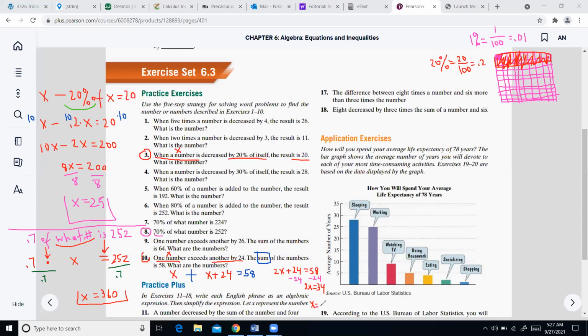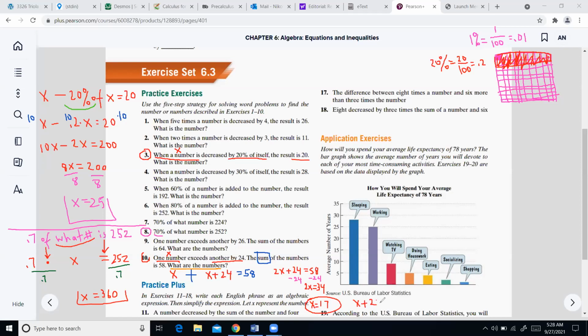Now, when you solve these equations, it's always very important to make sure that you answer their question. And please notice that their question is asking what are the numbers. So solving it for x is not enough, because I need to find the other number as well.